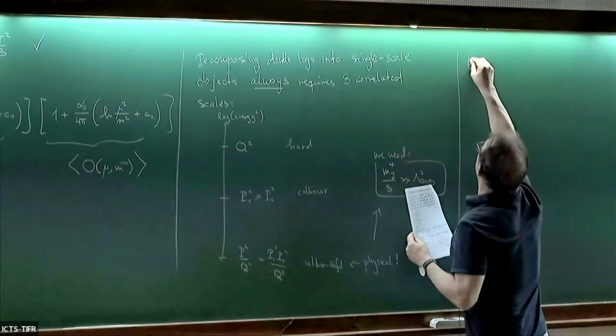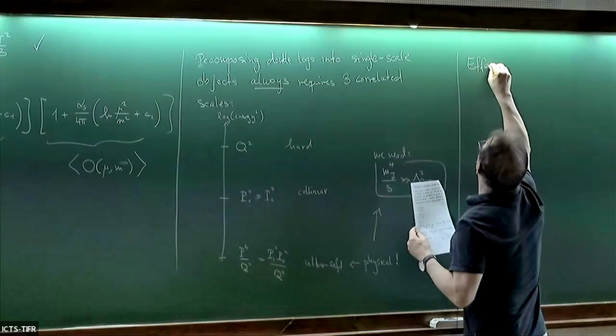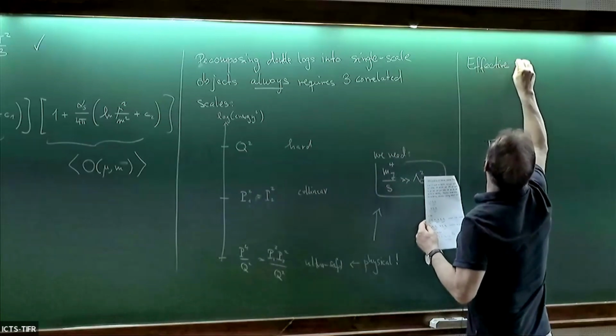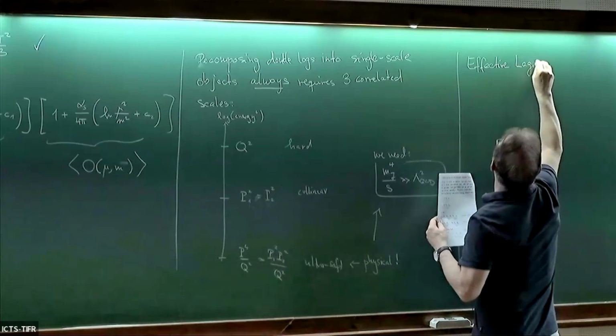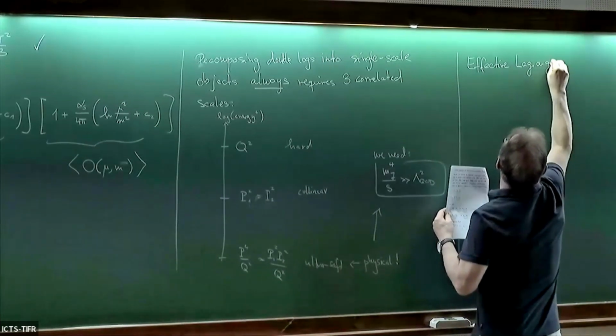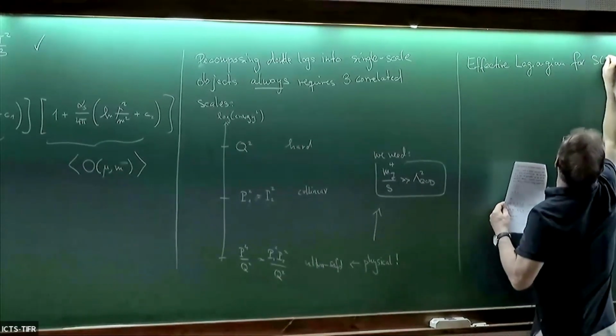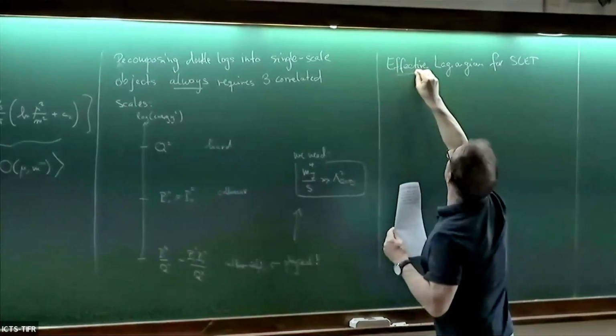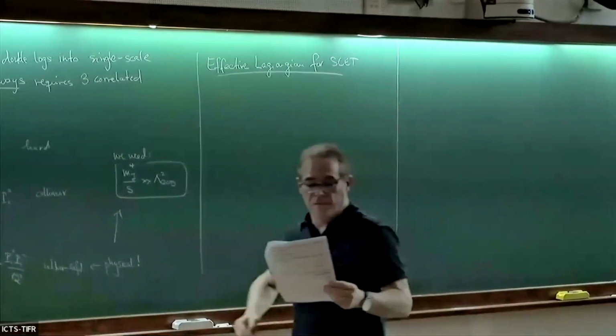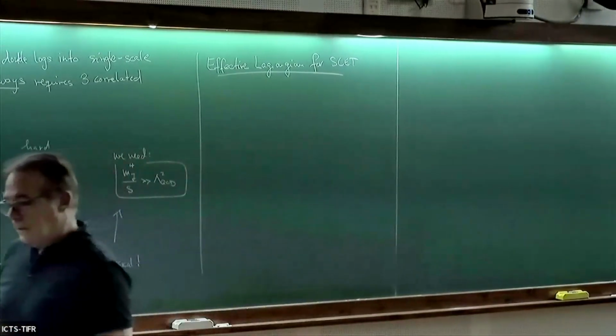Okay, so this was the motivation, if you wish. Now we want to go toward constructing an effective Lagrangian for SCET. And we kind of know what the ingredients should be. We can have collinear fields.